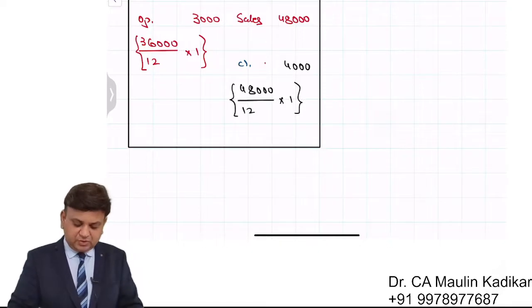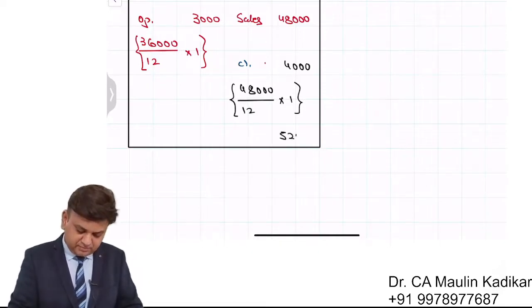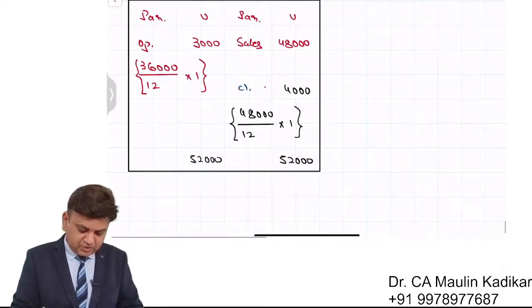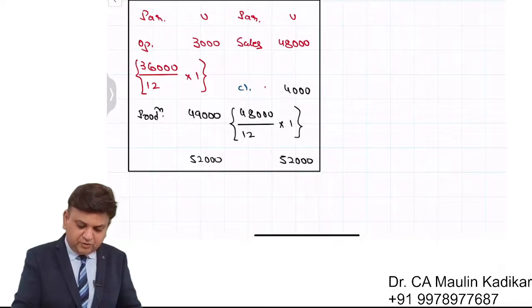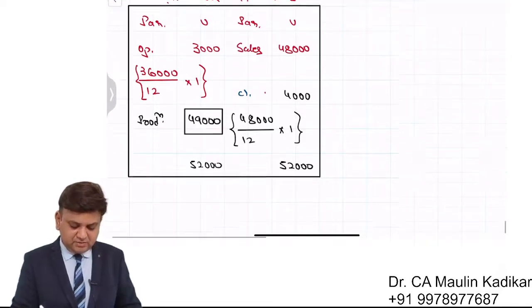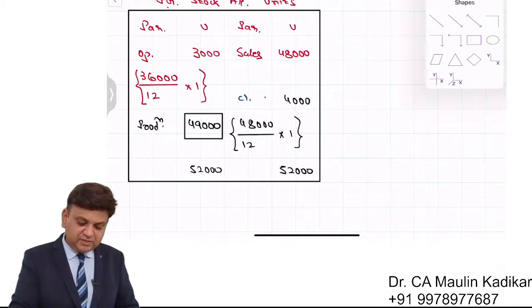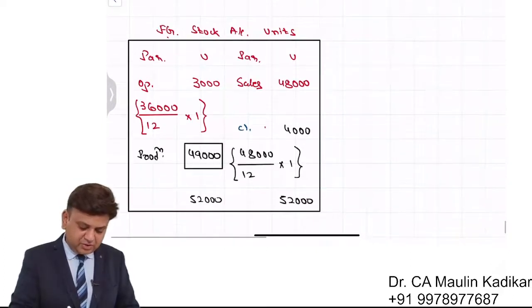The credit side total is 52,000 and the debit side total is 52,000. So the production for this year will be 49,000, calculated as 52,000 minus 3,000. This is the way we calculate the production of the current year.